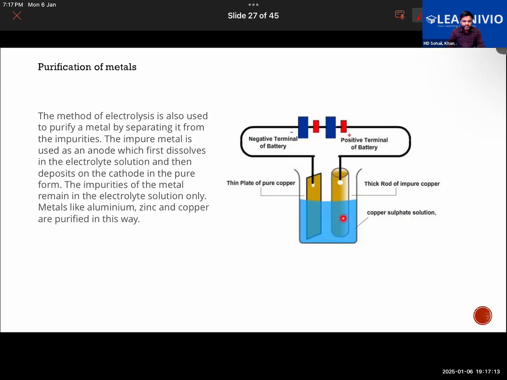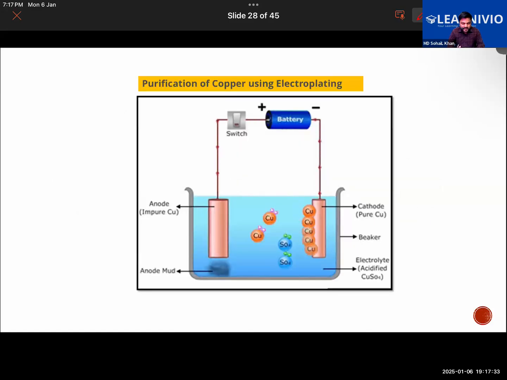It has lots of impurities in it, suppose some mud particles and other unwanted materials. With the help of electrolysis, we can purify this. We'll get back to that in a while, but first take a look at this animation and see what is happening.